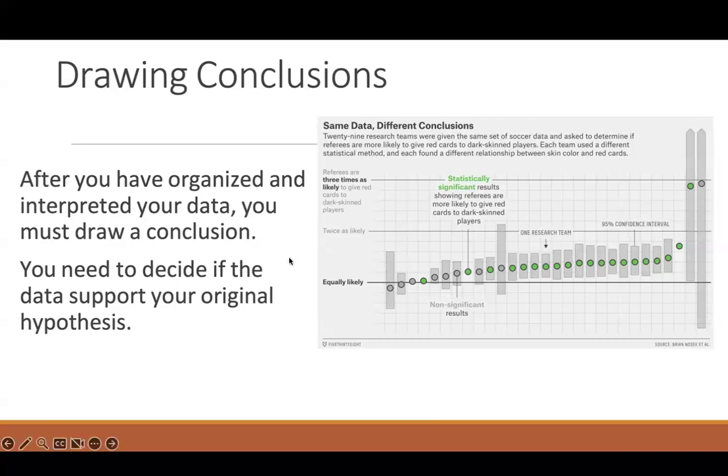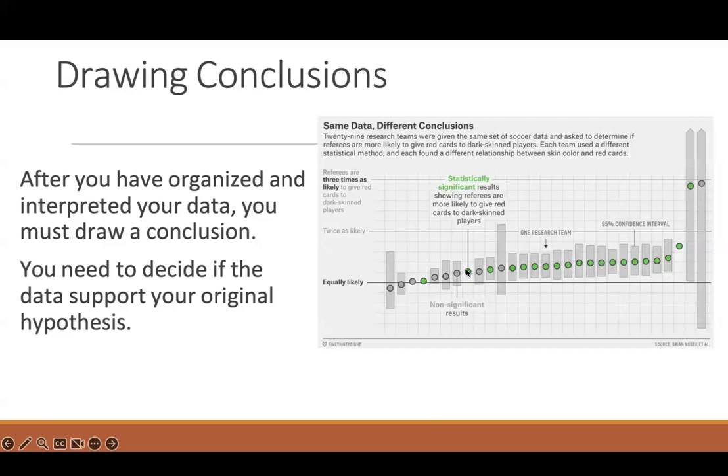So here on this data, each of these circles represents a different research team. If this data lies on this bottom line, they were equally likely to give a red card to a player regardless of their skin color. If the data lie on this line here, they're twice as likely to give a red card to a darker skinned individual than a lighter skinned, and the line above is three times as likely.